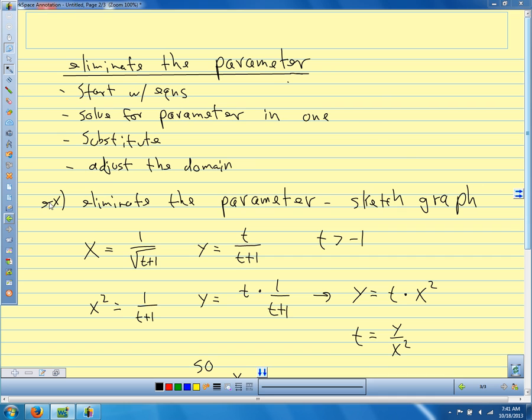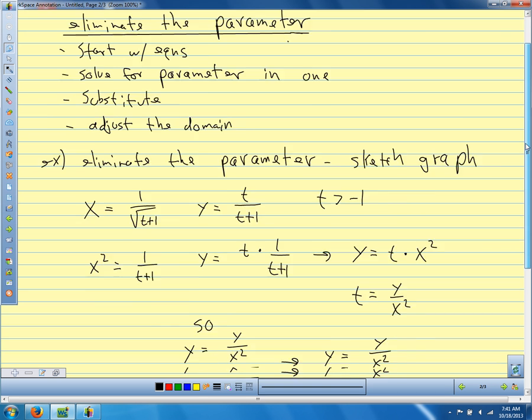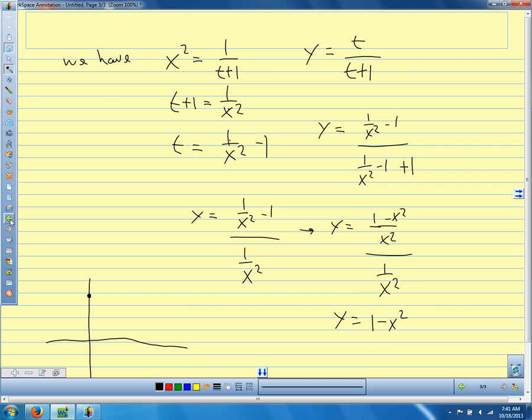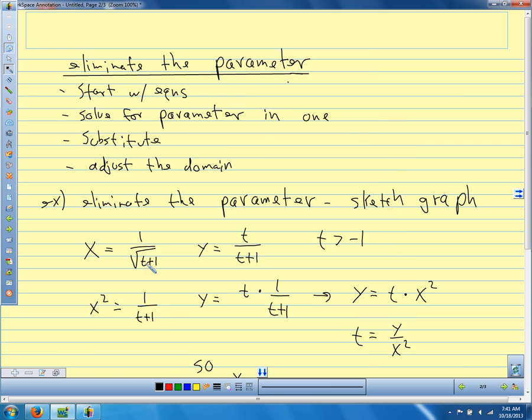Let's go back here. Our domain is t is greater than negative 1. So if t is greater than negative 1, that means x has to be greater than 0.